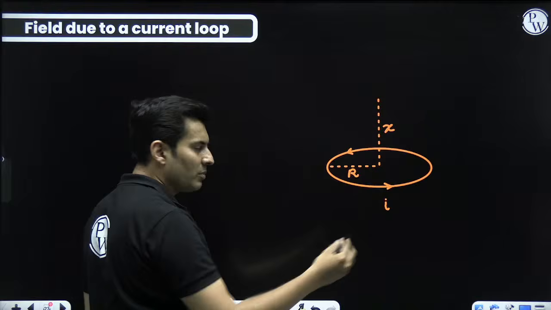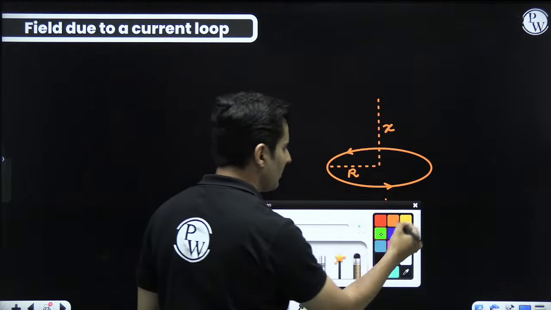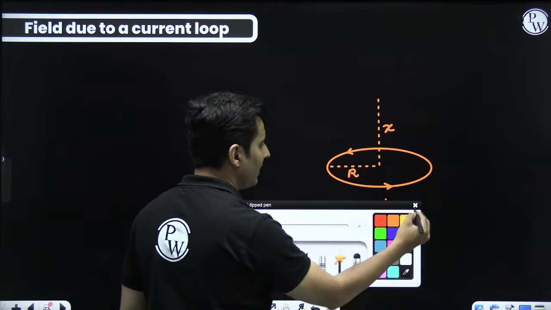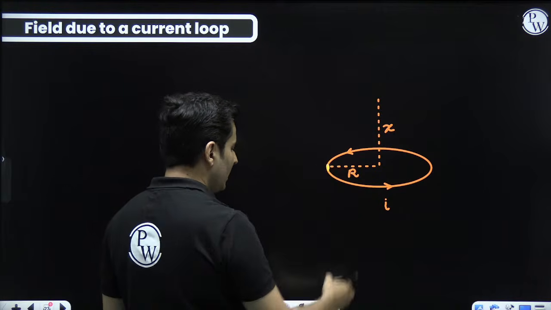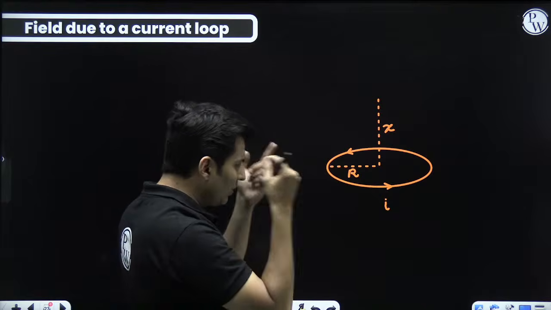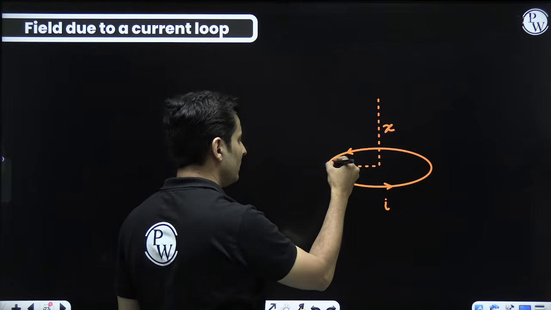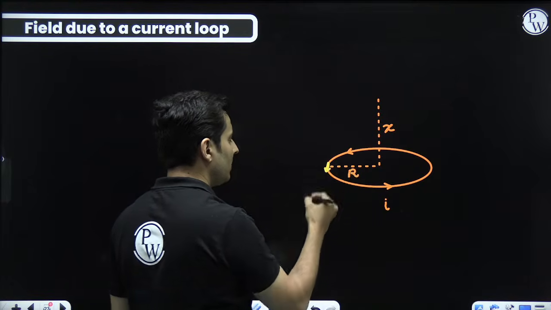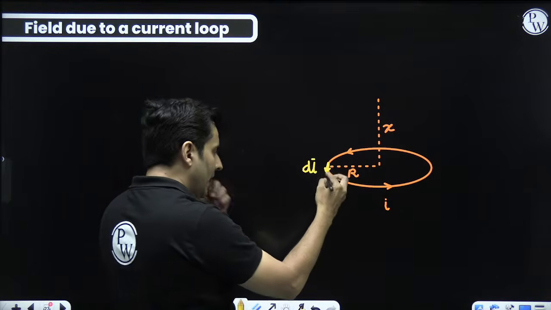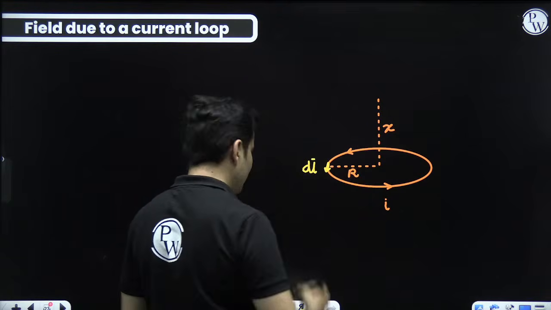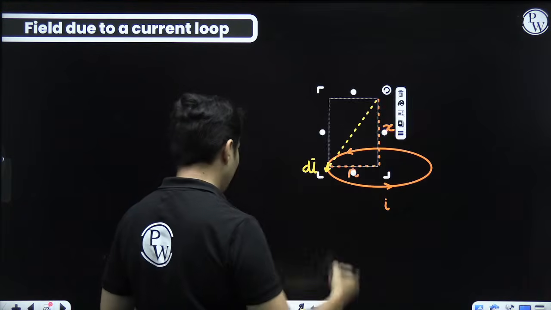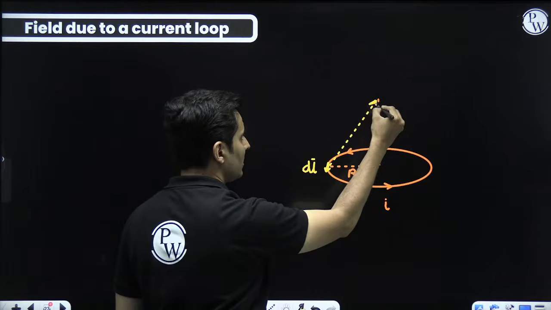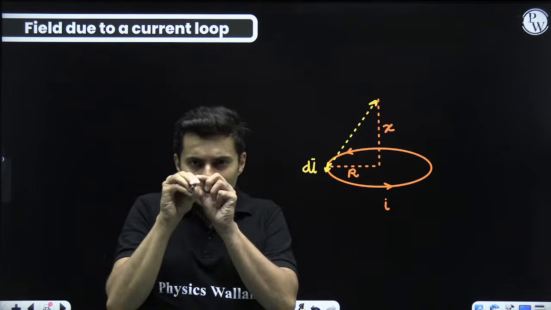You take small elements of current just like before. Okay. So let's say we take a small element over here. This particular small element is coming towards you. Try to visualize it. It is coming towards you. And for this element at this particular point, if you draw the position vector, this will be the position vector. dL is coming towards you.